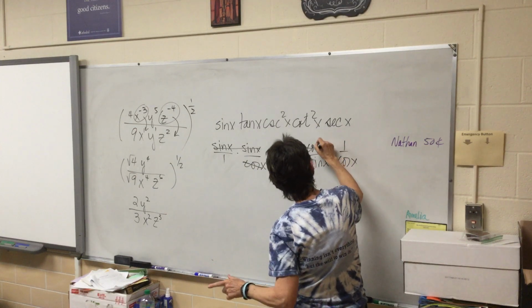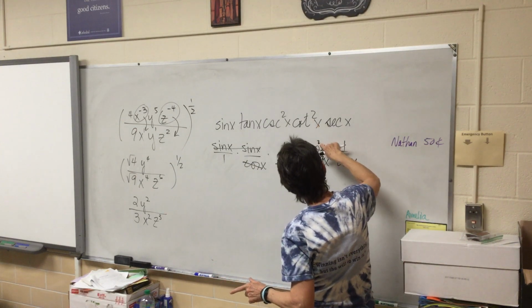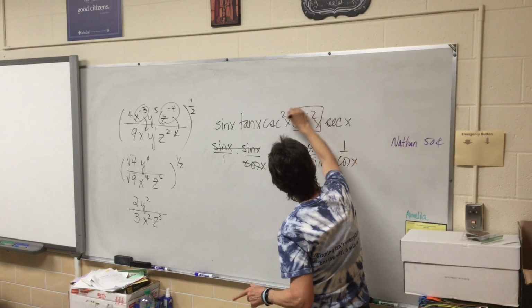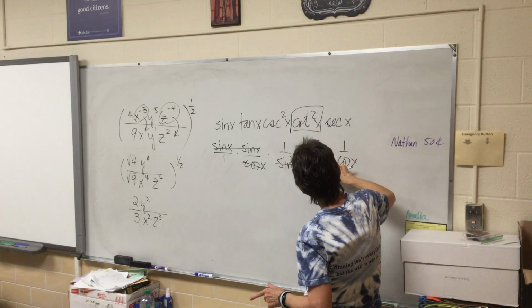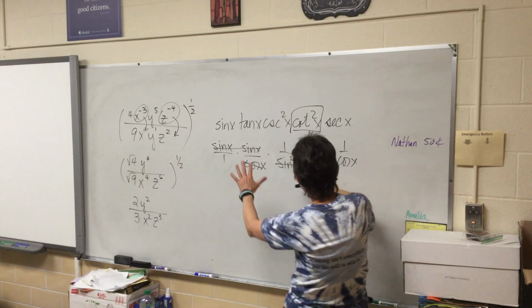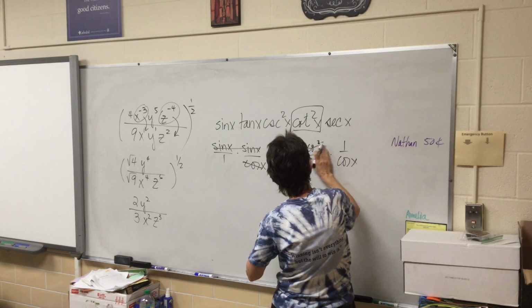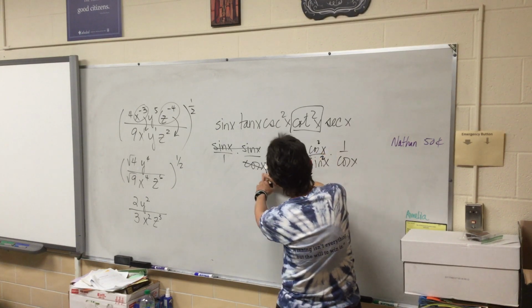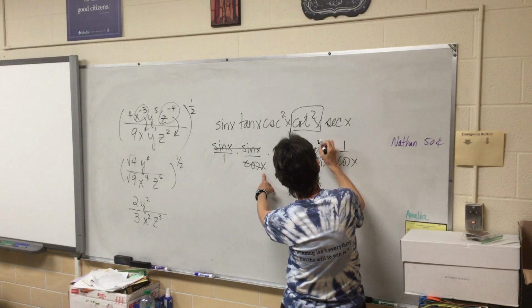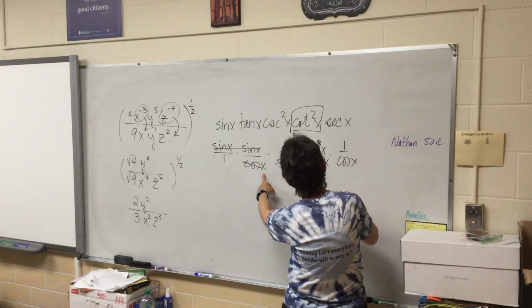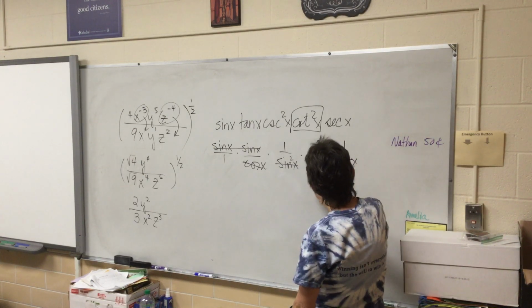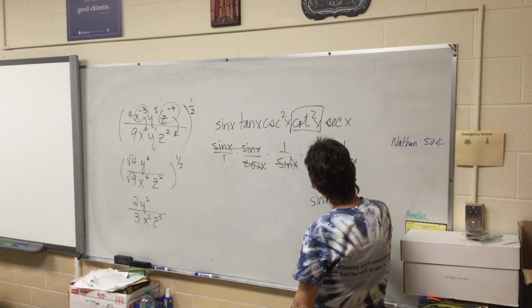You guys, you got to keep an eye on me here. That cotangent was squared, so I got to have squareds in here. That cotangent right there is cosine squared over sine squared. So wait a minute. That's not going to cancel out that whole cosine. This cosine will cancel one of these, and then that one will cancel that one, and what I have left is 1 over sine squared.